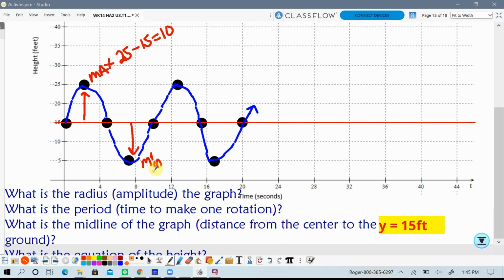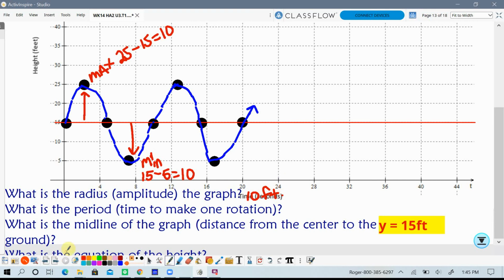Doing the same with the minimum value, I take the midline and subtract the minimum value. You always want to subtract the highest minus the lowest value. Again, we get 10. So that concludes that we have 10 feet as my radius.